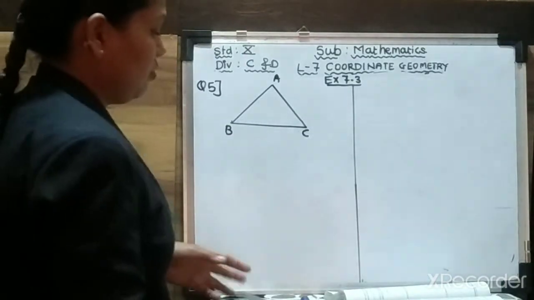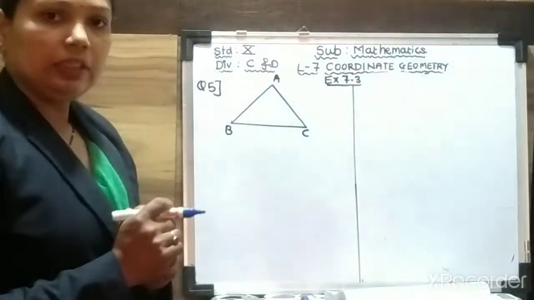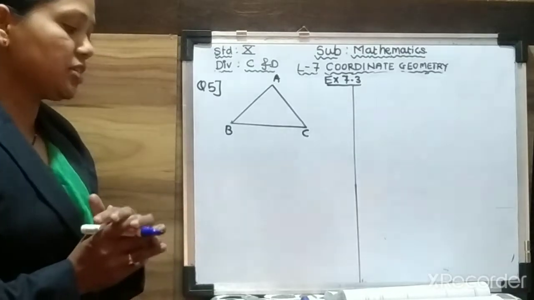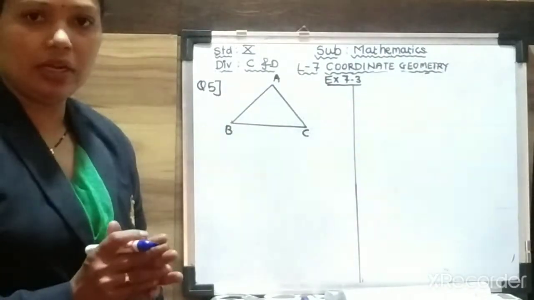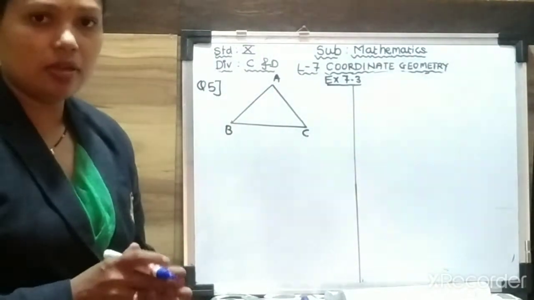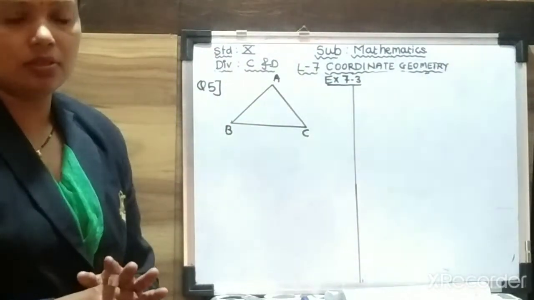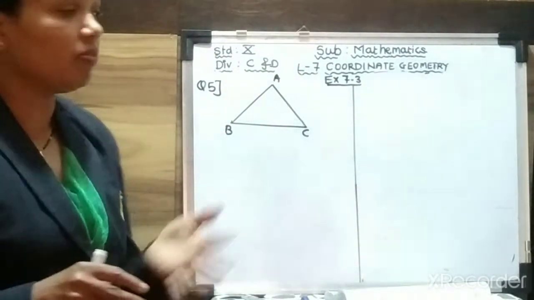In question number 5, in earlier class 9th standard we have studied that the median of a triangle divides it into two equal triangles. That one only we are going to prove here.